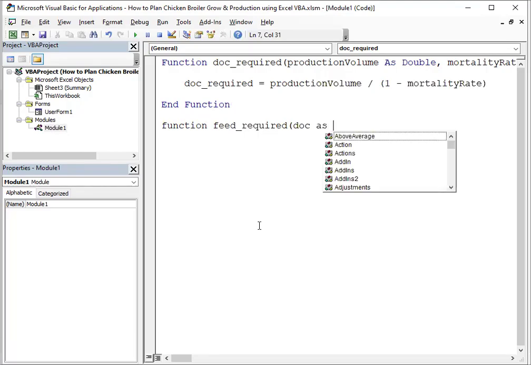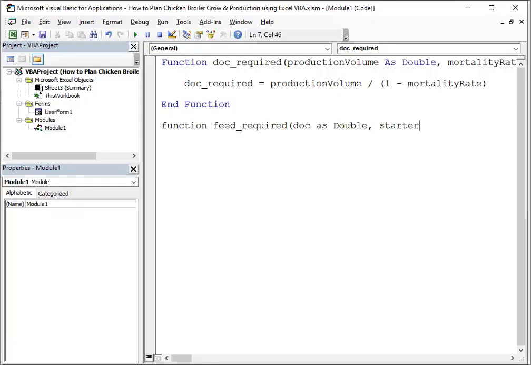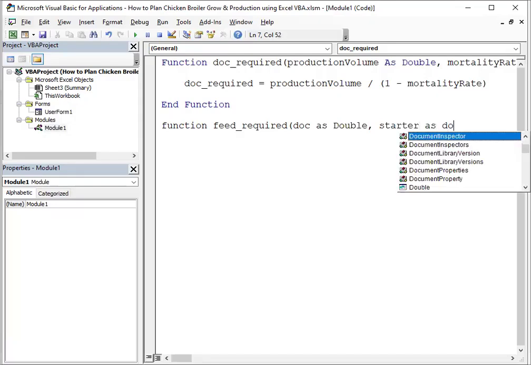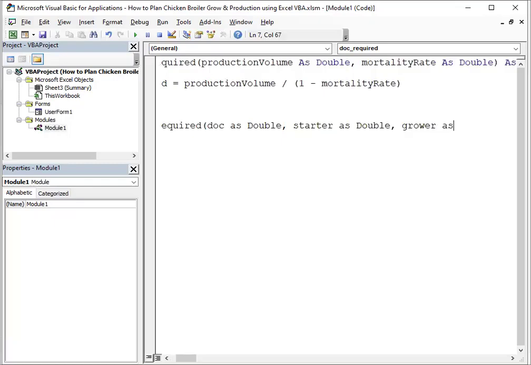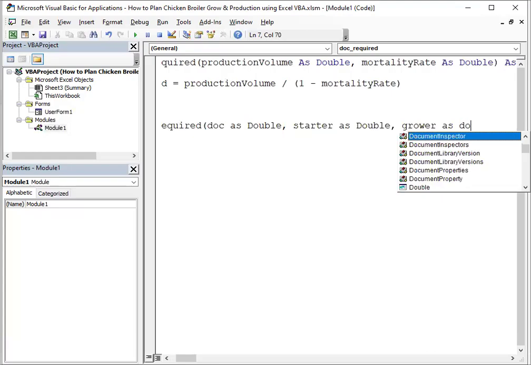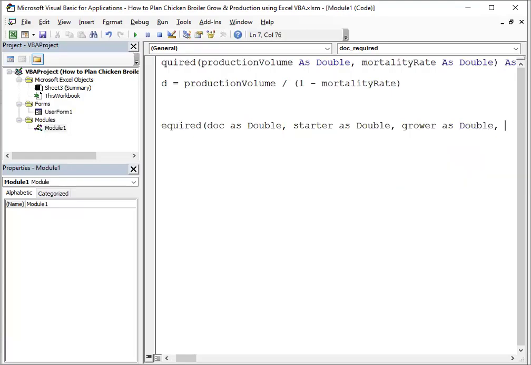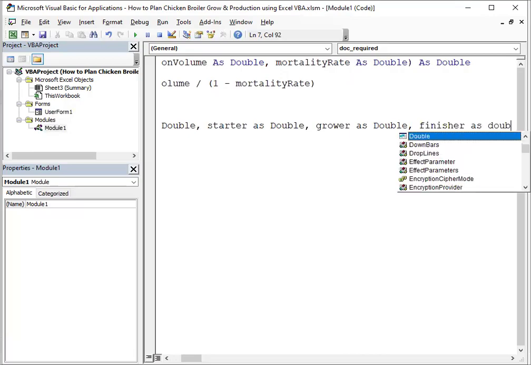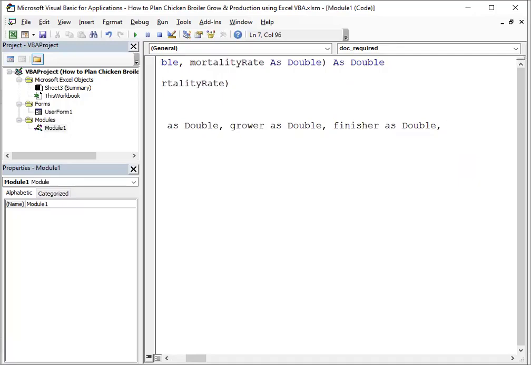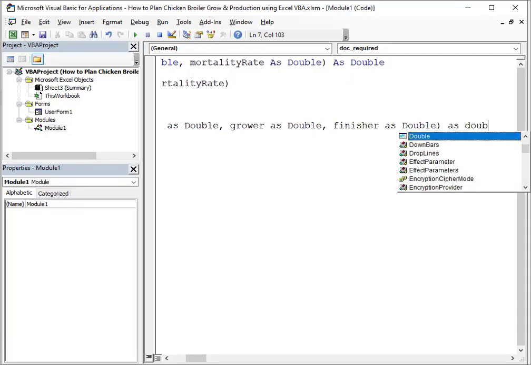At the same time, we're also declaring our variables: starter as double, then of course grower as double, then finisher, of course double again. All of these are double.